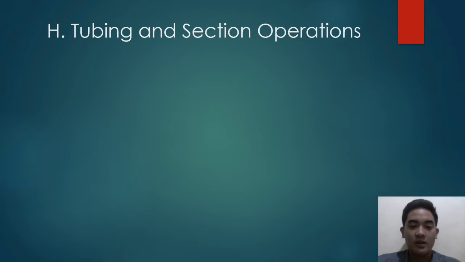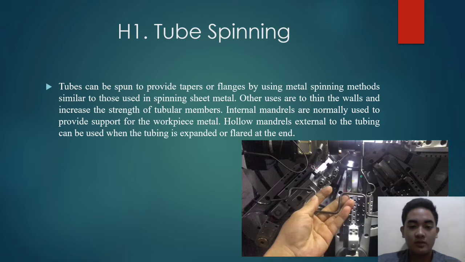Next, tubing and sections operations. Number 1, tube spinning. Tubes can be spun to provide tapers of length by using metal spinning methods similar to those used in spinning sheet metal.